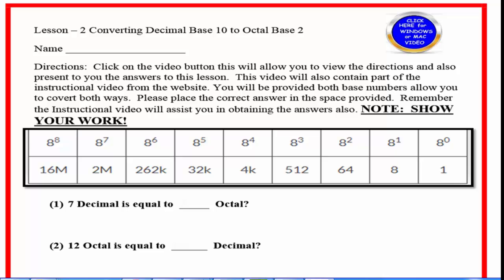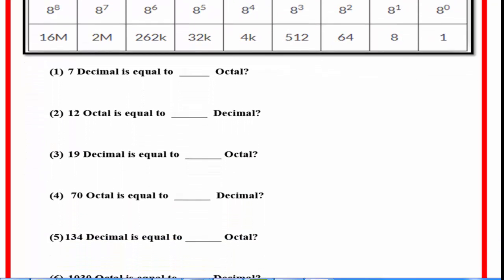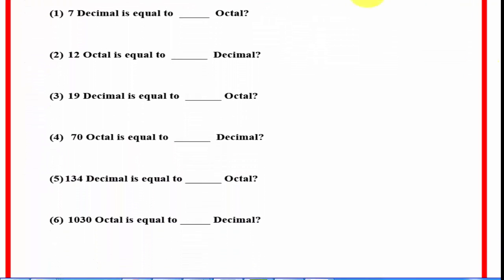Okay, welcome back. Let's see how well you did. I'm going to scroll down here. Now, we have 7, which you're already aware of. Decimal 7 is equal to what in octal? We already said this, right? 7. If it's 12 octal, what is it equal to in decimal? 10. If it's 19 decimal, what is it equal to in octal? You should have 23.